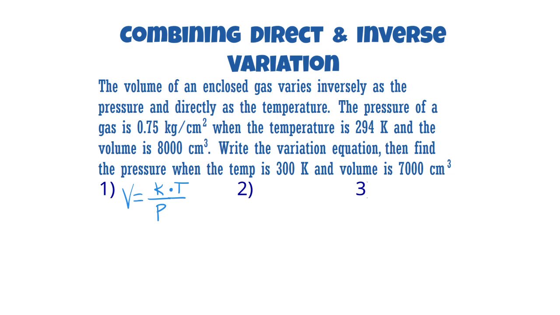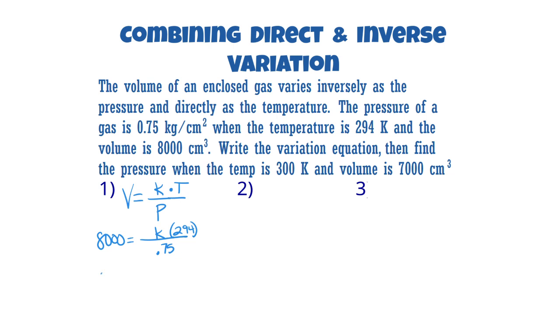Then they're going to come back and give me some data so I can solve for K in this first step. The pressure is 0.75 when the temperature is 294 and the volume is 8,000. We're going to solve for K. First thing I want to do is go ahead and take the 0.75 to the other side by multiplying.